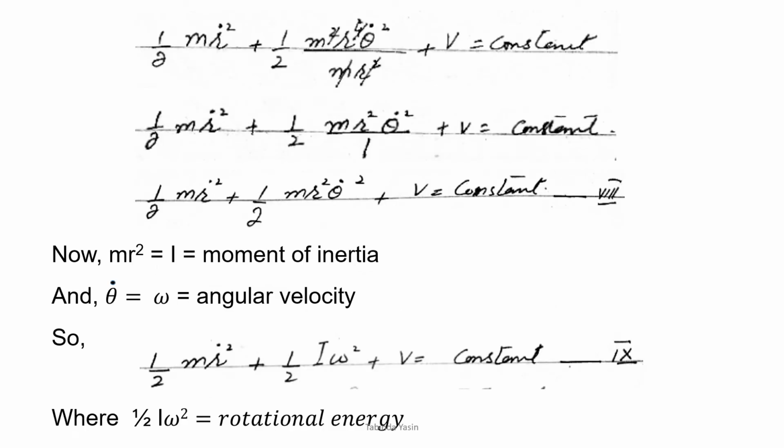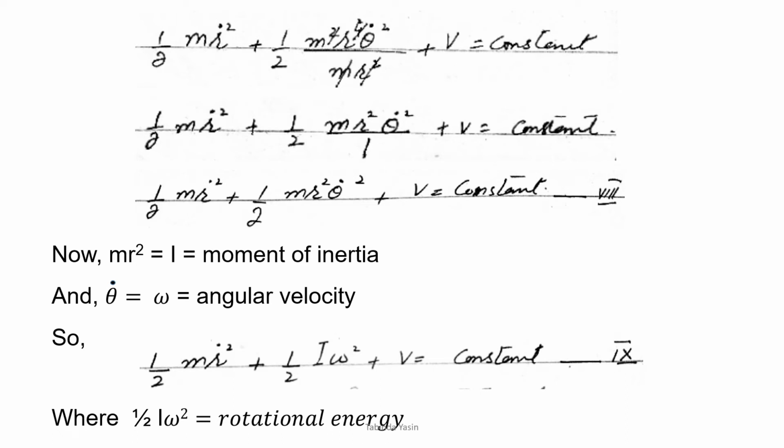Now substituting the value of L, we have 1 over 2 m r dot square plus 1 over 2 m square r power 4 theta dot square over m r square plus V is equal to constant, cancelling 1 m with 1 m and r square with r power 4.